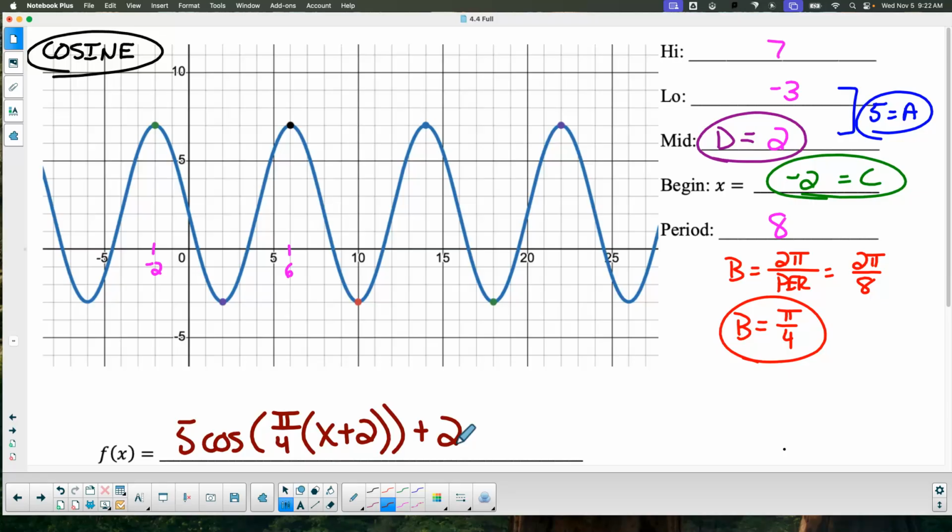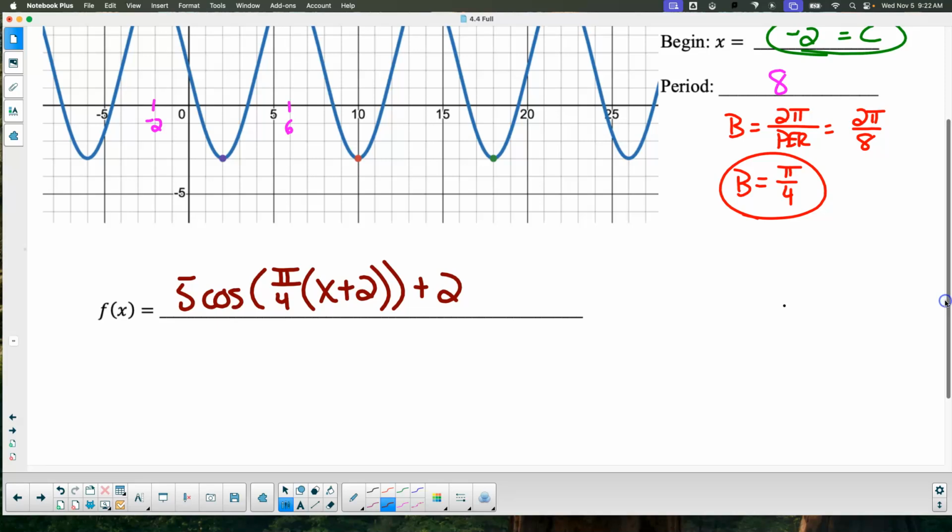Period being 8, that means then that these could all be differing by 8. So we could go plus 10, plus 18, minus 6, minus 14 would be the 5 around it.